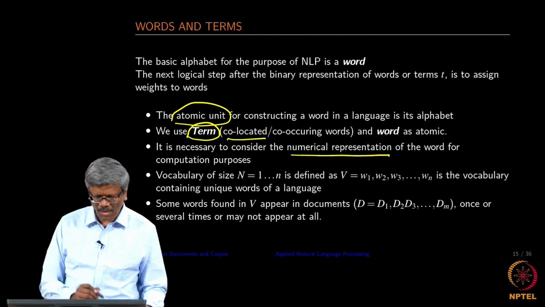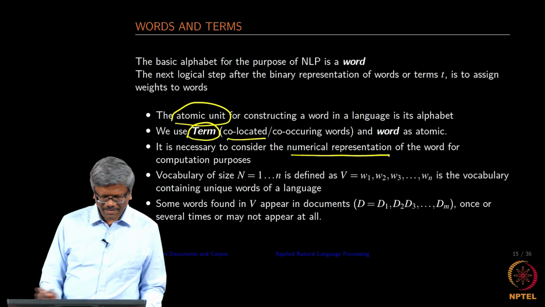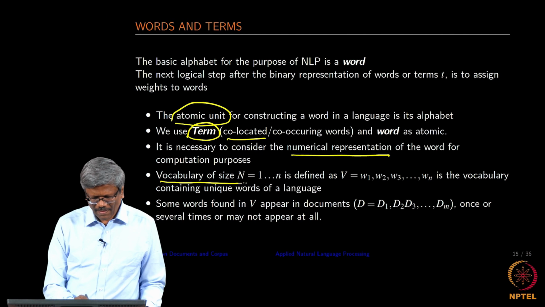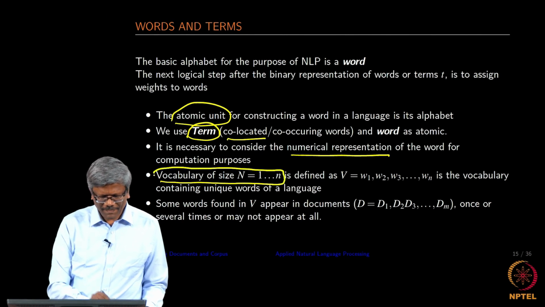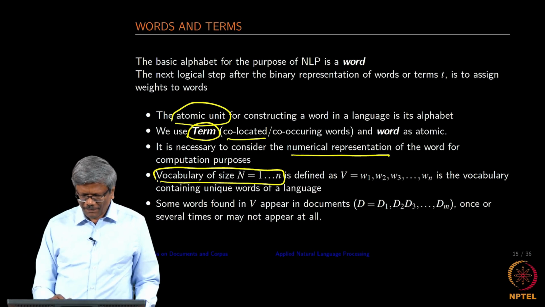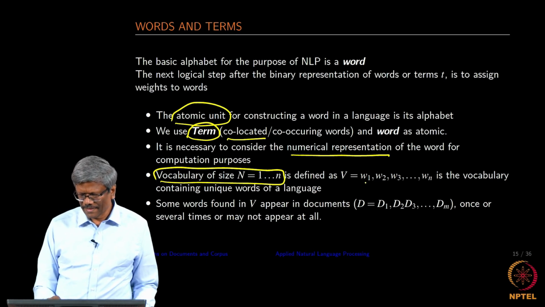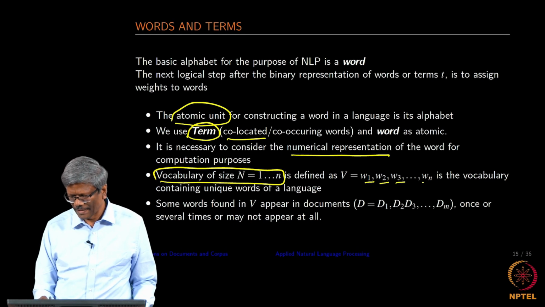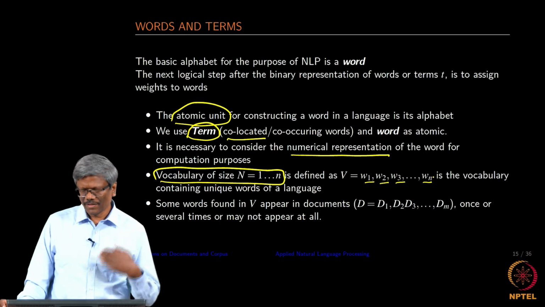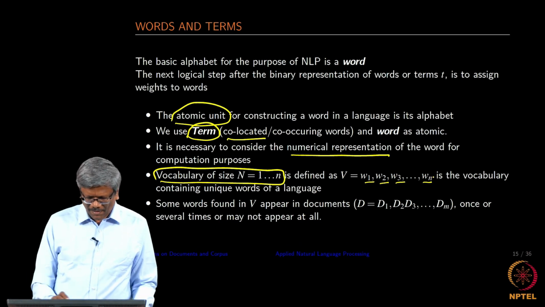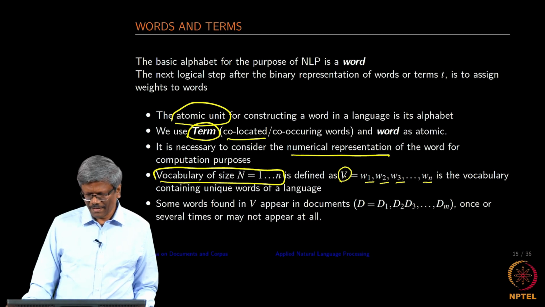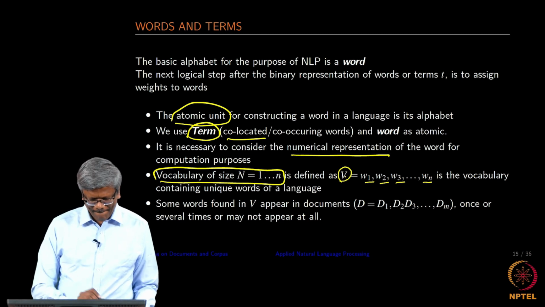Before that, a small definition here. We consider a vocabulary of size n for the corpus. V is defined as the unique set of words that you find in the entire corpus. This is what you find in a dictionary. So, V is nothing but my dictionary of words where no word is repeated.